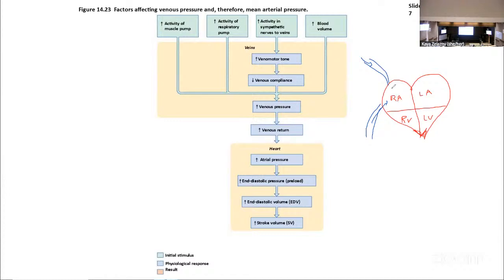So what we've just done, let's put on the pressures here, right? So we created more blood coming into the right atrium. So as it filled, it got to a higher pressure. You remember that blood in the heart moves down pressure gradients. So it went from high to our empty-ish right ventricle, flowing down that gradient.